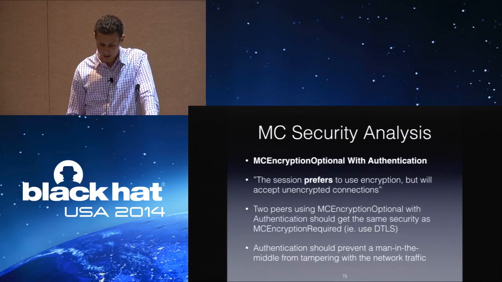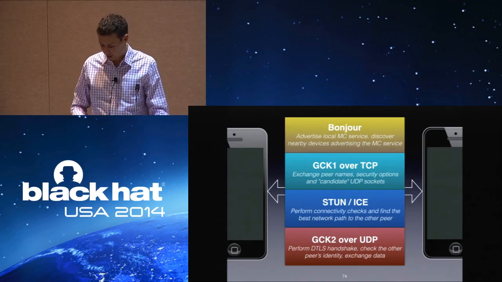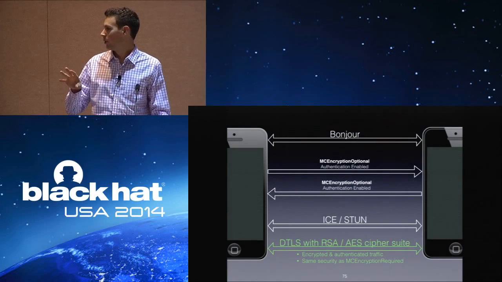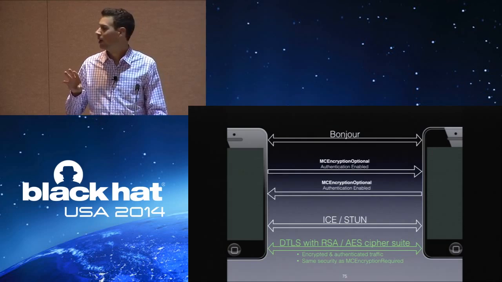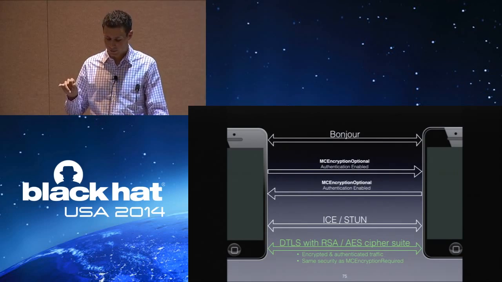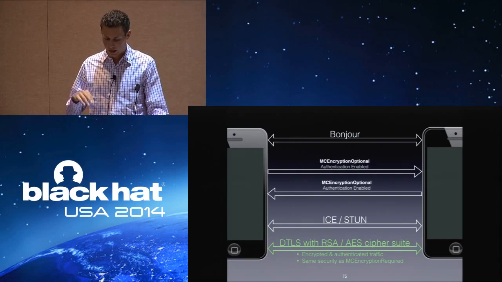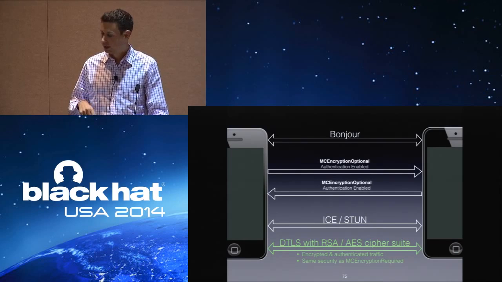But in reality, if you go back to how it all works, this diagram tries to show you what's wrong. So you have Bonjour, and then they exchange their security settings. And this is all before authentication. It's all plain text. Then ICE, and then finally the DTLS handshake.